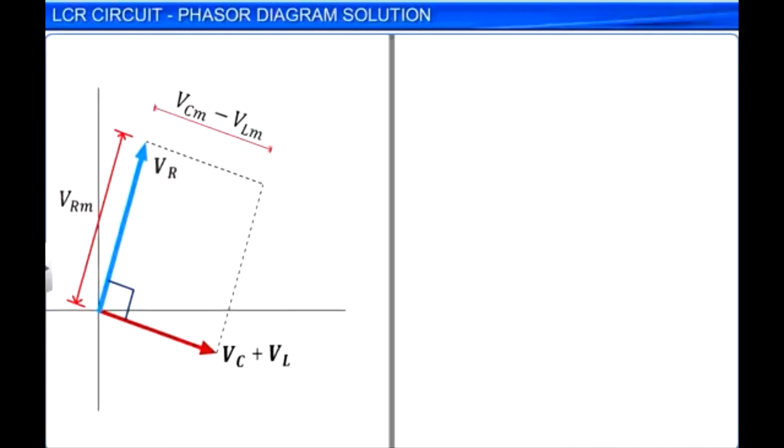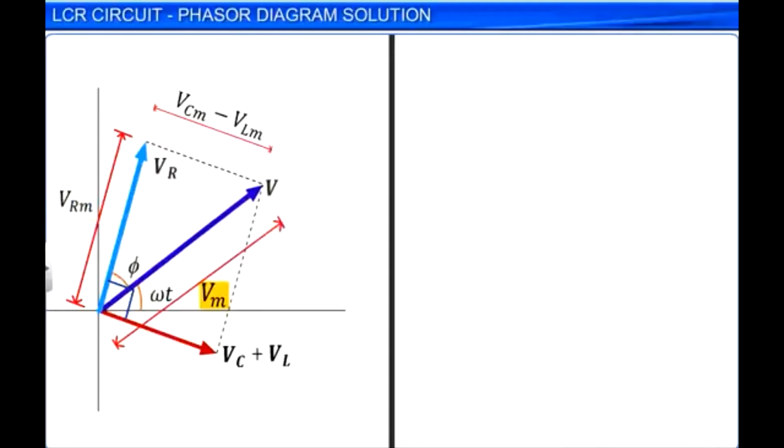Here, we assume that the capacitive reactance Xc is greater than the inductive reactance XL, and hence we have VCM greater than VLM. The phasor with the magnitude VCM minus VLM is at right angles to the phasor with the magnitude VRM. The amplitude of applied AC voltage Vm can be calculated by using the Pythagorean theorem on the simplified phasor diagram.